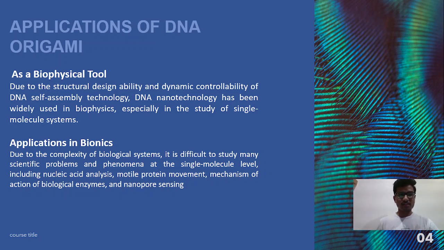Next, it has applications in bionics. Due to the complexity of biological systems, it is difficult to study many scientific problems and phenomena at the single molecule level, including nucleic acid analysis, motile protein movement, mechanism of action of biological enzymes, and nanopore sensing.